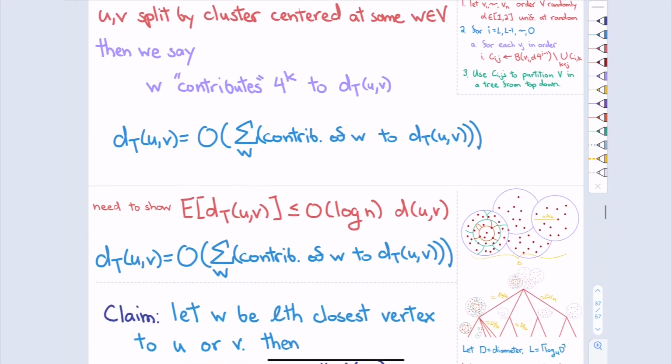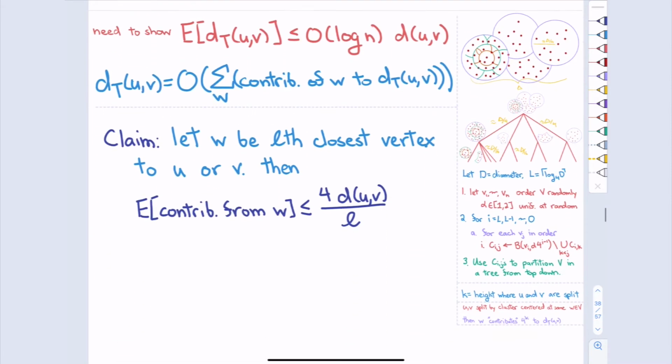All right, so here is the claim. This is where we're going to do most of our work. We're going to analyze a particular vertex W and how much it contributes in expectation. It's going to be parameterized by its ranking in terms of distance from u and v. When I say the third closest point, I mean the minimum distance between this point and v or u, so just the closest to either of them.